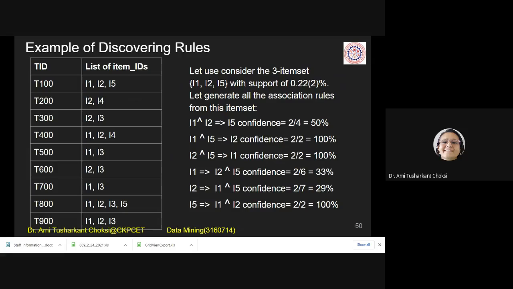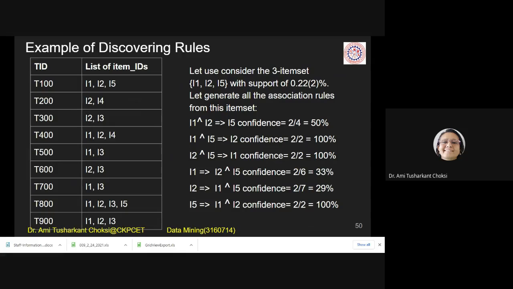Then we have to calculate the confidence of the rules from the frequent item set which we derived at last. So let us consider that I1, I2, I5 is a frequent item set.